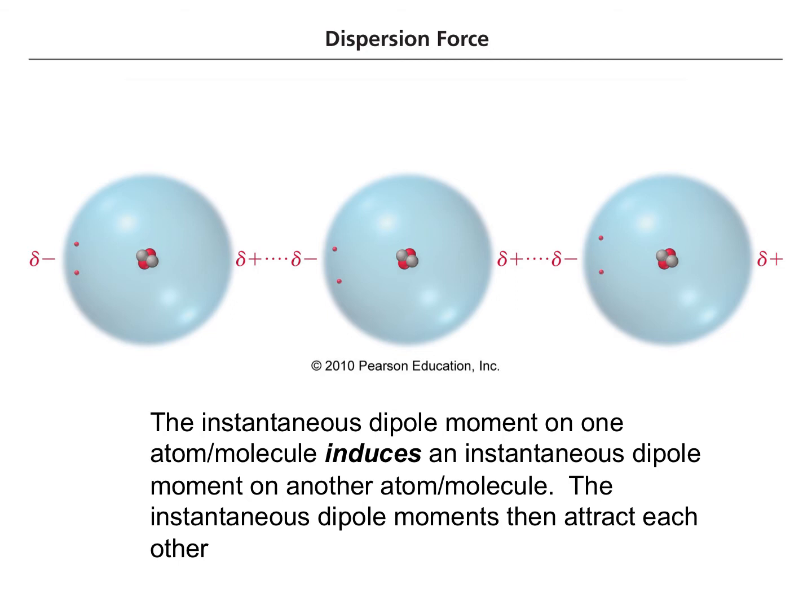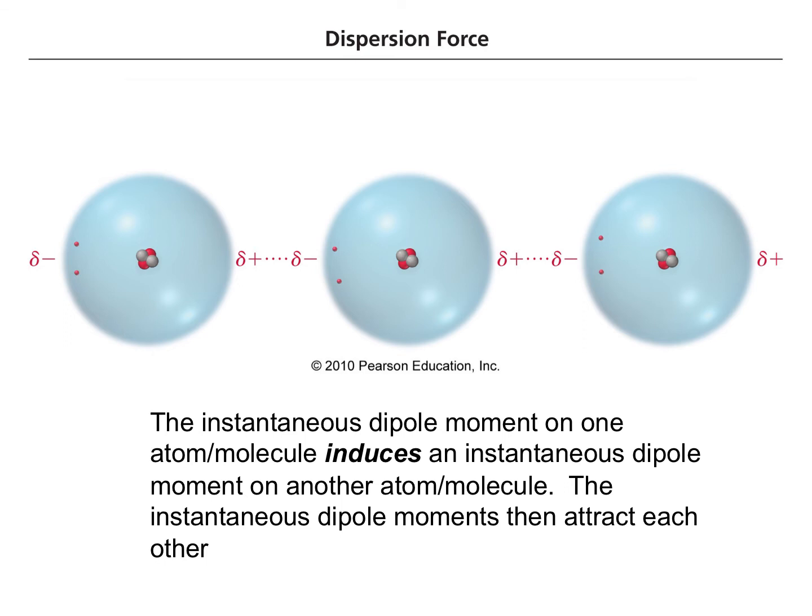So what happens when we get this instantaneous dipole moment is that it can induce a temporary or instantaneous dipole moment in a neighboring atom or molecule. We get the instantaneous dipole moment in the first atom. The electrons of the second atom see that partial positive charge. They move over because they're attracted to that, and then that can perpetuate to other atoms and molecules.